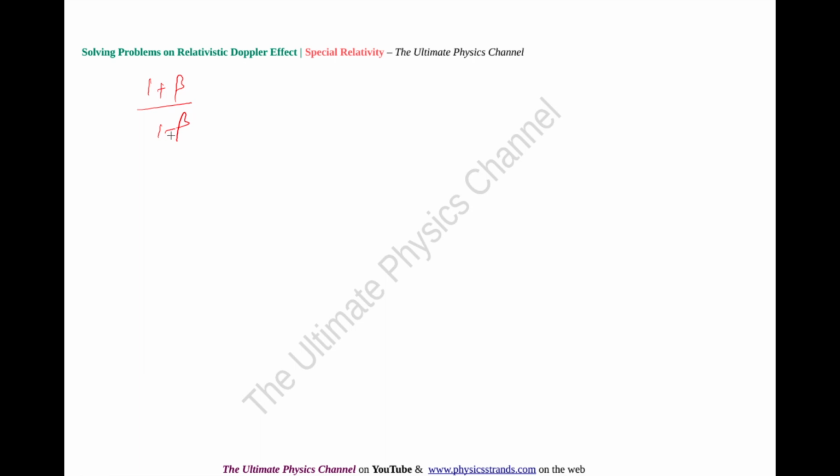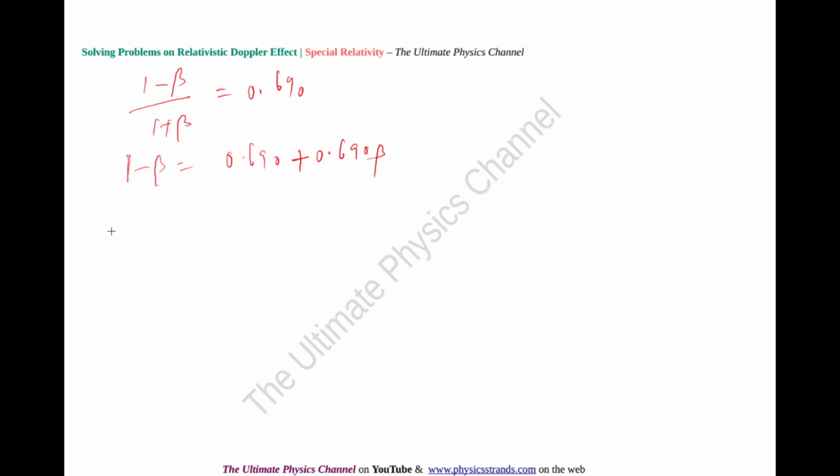So 1 minus beta over 1 plus beta is equal to, I've squared here on both sides, that is 0.690. So 1 minus beta is equal to 0.690 minus 0.690 beta. Sorry, the denominator is a plus sign, so we have this.